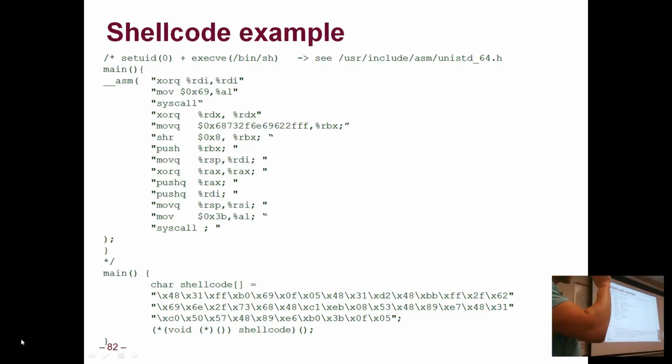And just like the parameters for your function calls, system calls have a calling convention. One part of it is to put the system call number you want to invoke in RAX, or in the low byte of RAX. That's why you see this here. And then, much like your function calls, your first parameter is stored in RDI.